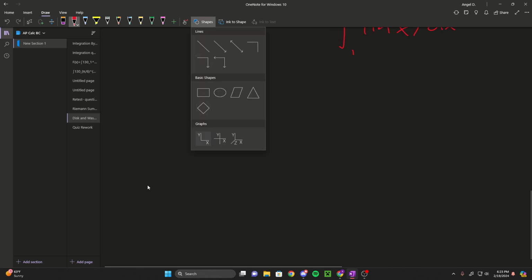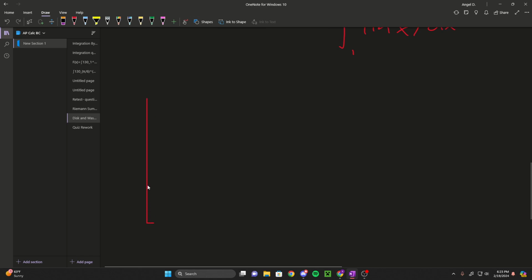Washer is a little more complicated. We'll have a new graph here. For washer, this is on the first quiz again. This is the very first problem on the quiz. Let's say we have the curve y equals root of x, which looks a little something like this.